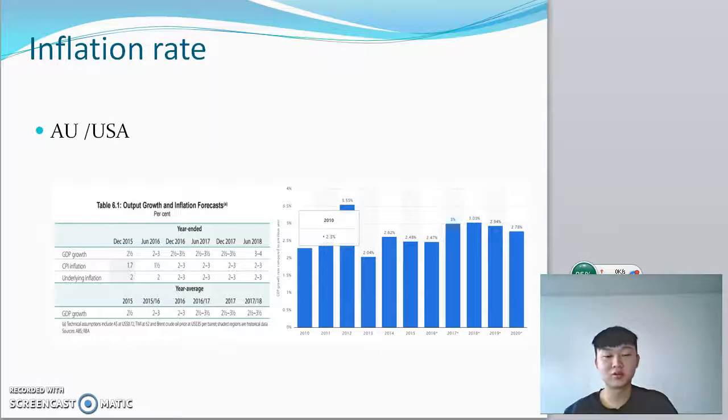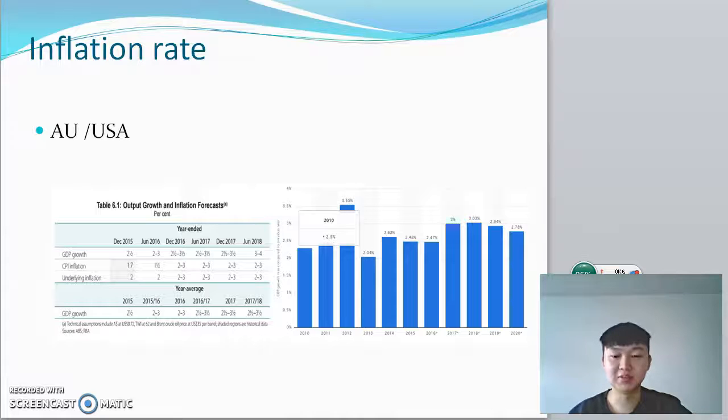The next one, we will compare AUD to USD. From the graph shown above, comparing the inflation rate between Australia and the USA, we see the inflation of Australia is at a higher position than the USA, which means the demand from America for Australian export will keep going down.